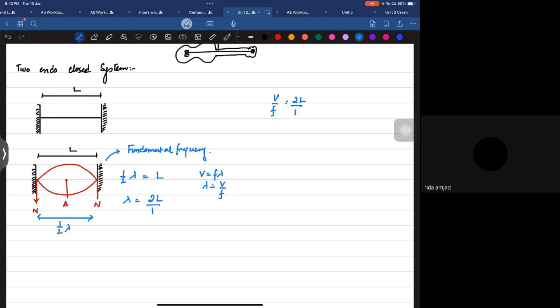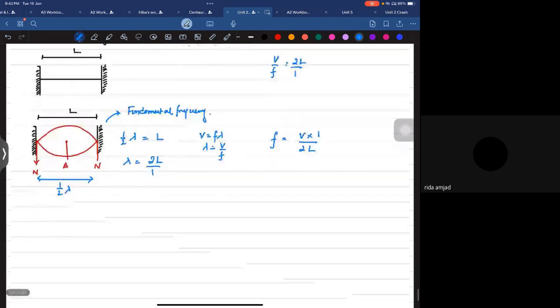If I make F the subject, it will be equal to V times 1 over 2L. I'm intentionally writing 1, you should also write it down. This is one formula for frequency and wavelength we can find.